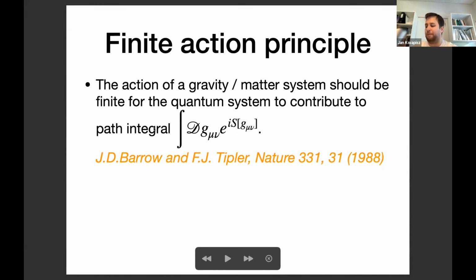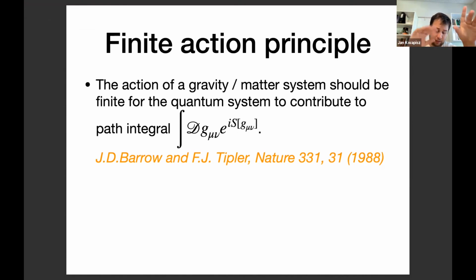In the Lorentzian case, the argument goes back to Feynman: around paths with infinite action we have a cancellation of contributions due to fast oscillations.